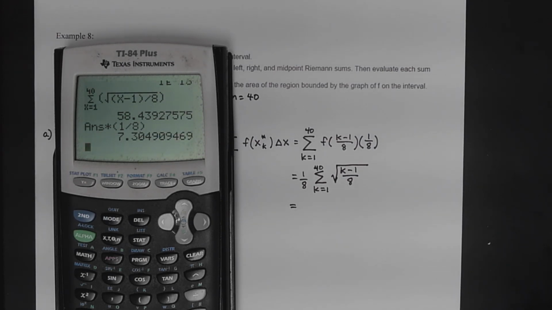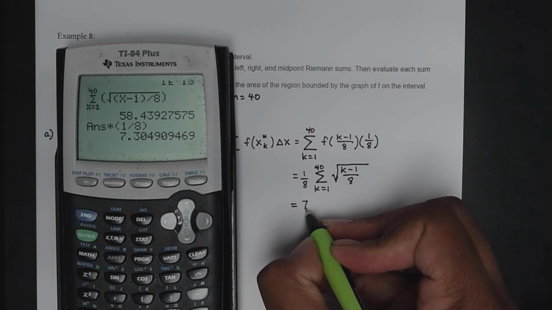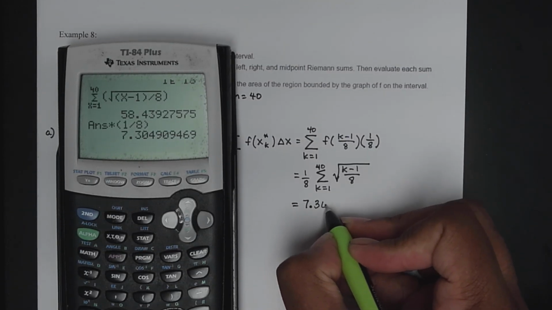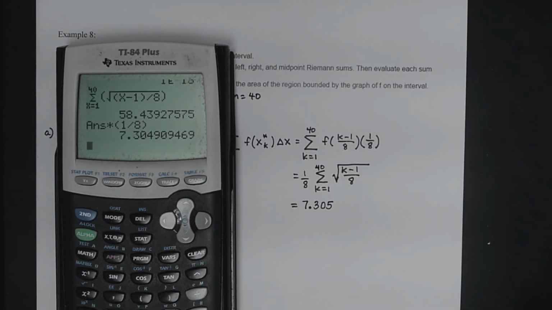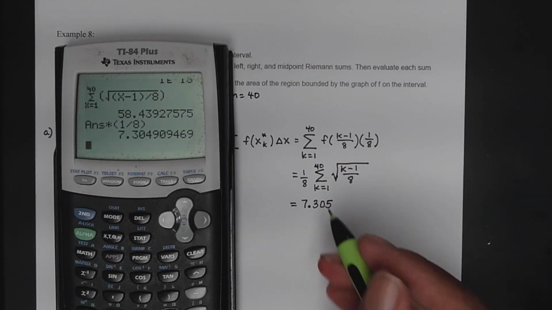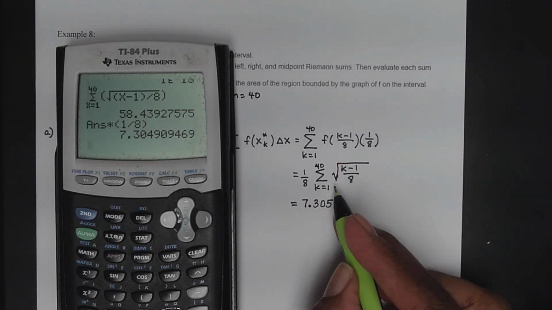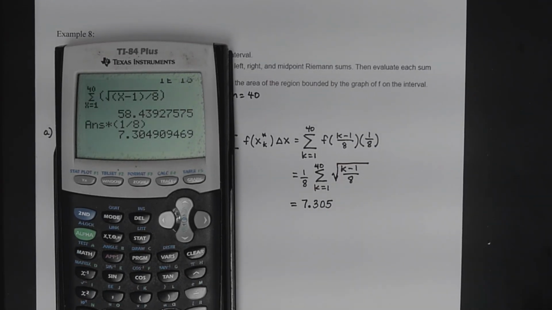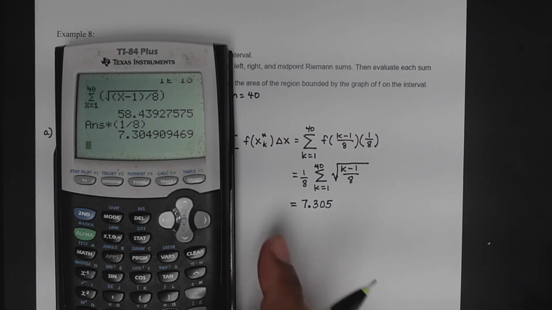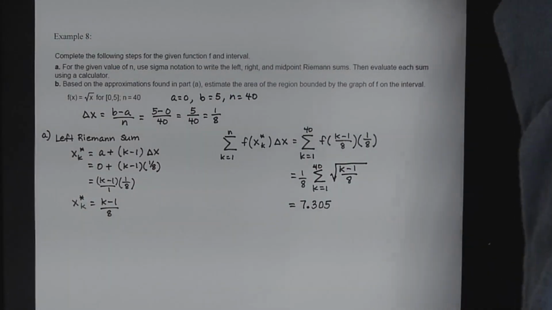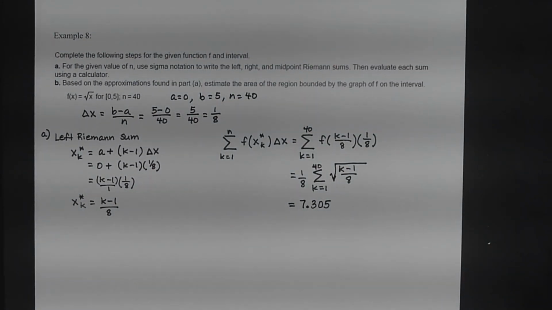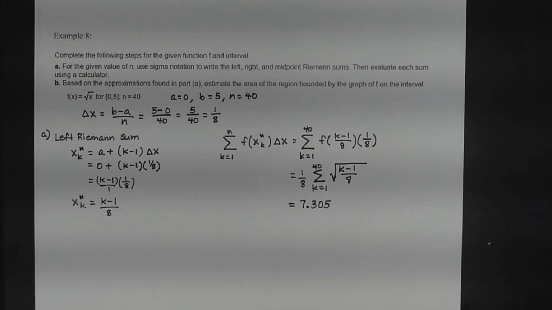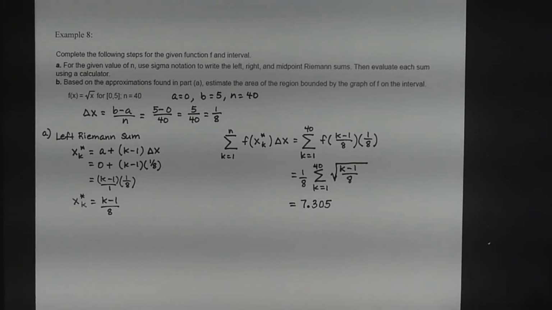To 3 decimal places, this will be approximately 7.305. I did this in the calculator, and whatever I got for that, I multiplied by 1/8. So my left Riemann sum is approximately 7.305. That's how I calculated the left Riemann sum.